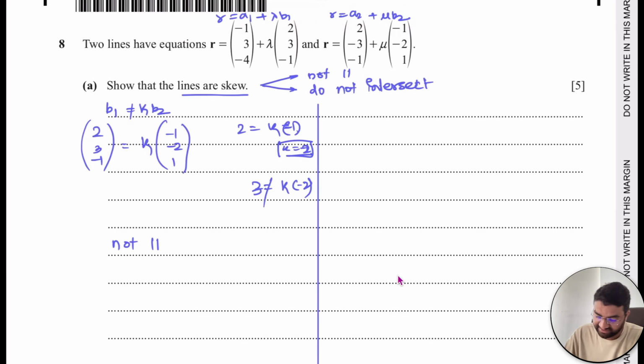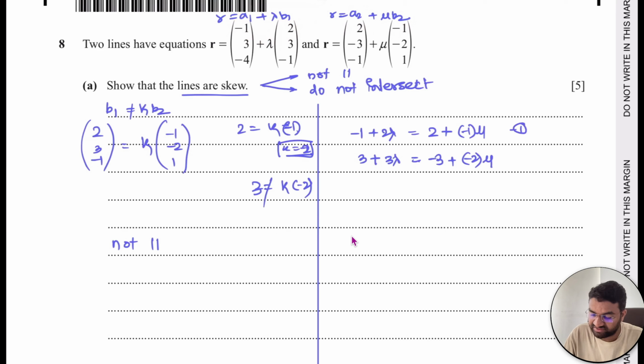Next, for the second part, they are not intersecting as well. So you have to take the parametric equations. The first is -1 + 2λ equals 2 - μ. Similarly, the second equation is 3 + 3λ equals -3 - 2μ.